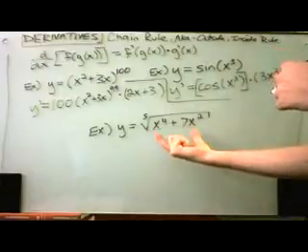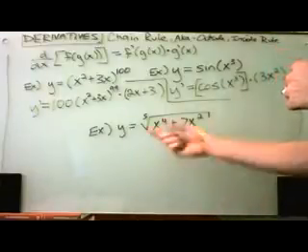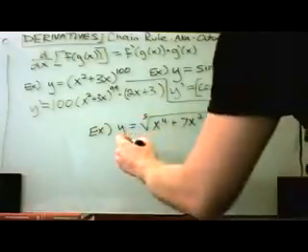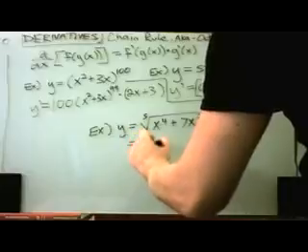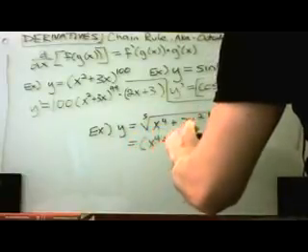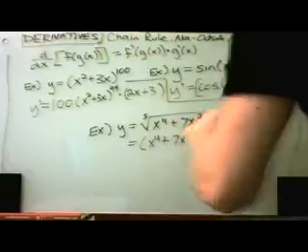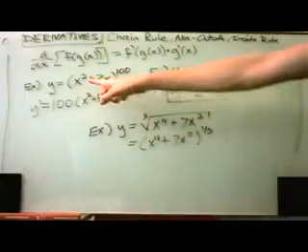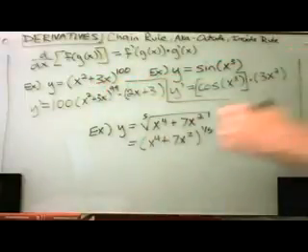Last but not least, we have x to the 4th plus 7x squared underneath a 5th root. Recall that we can rewrite this as x to the 4th plus 7x squared raised to the 1/5 power. And now we're basically back to the problem we had just a second ago.